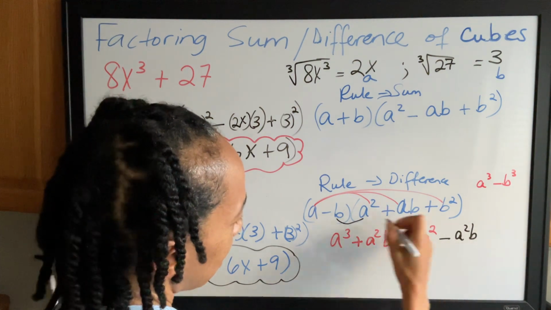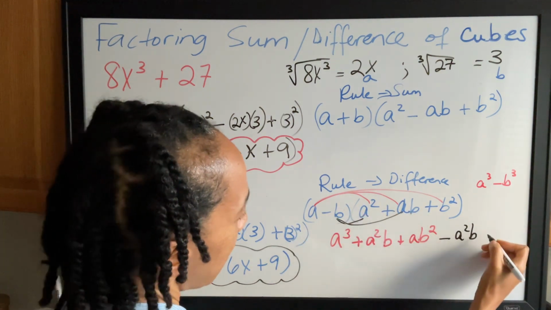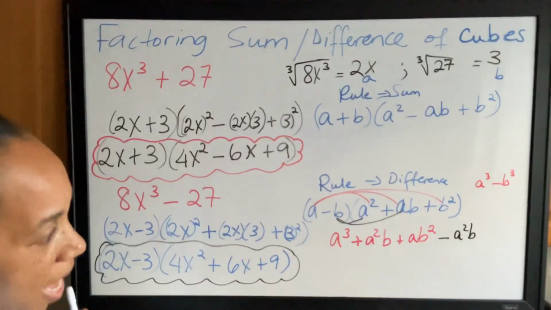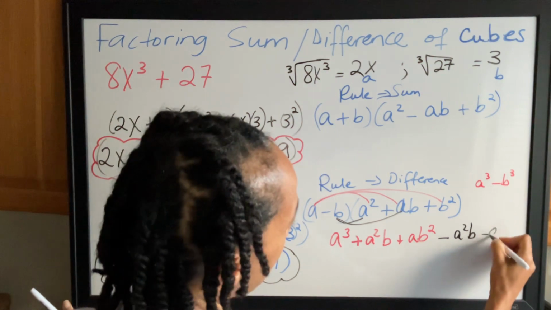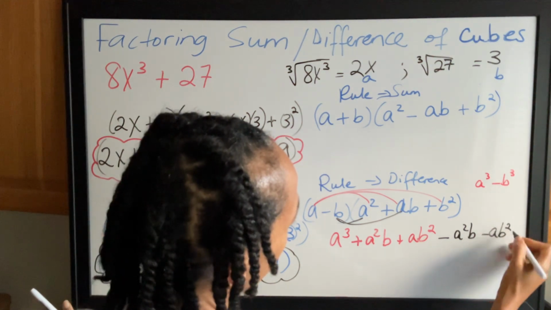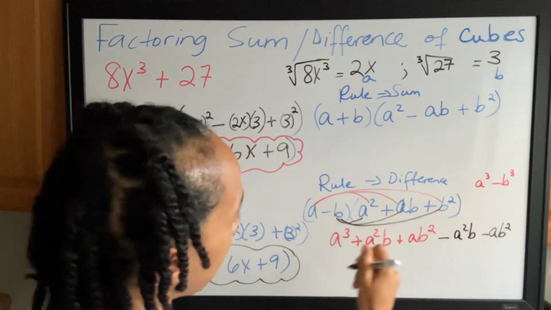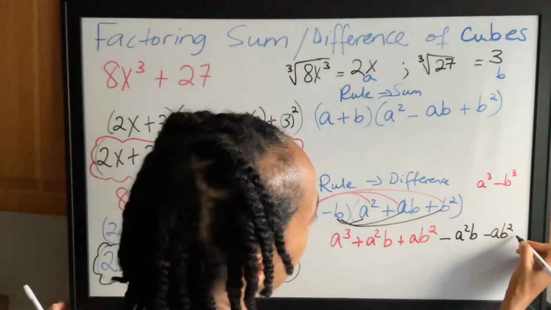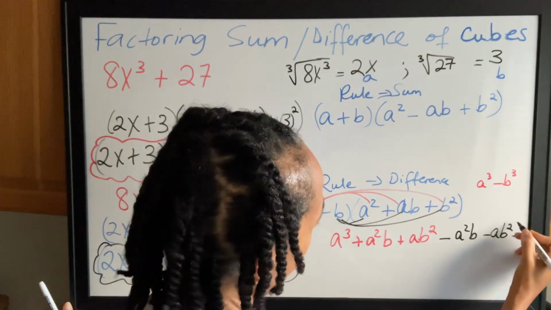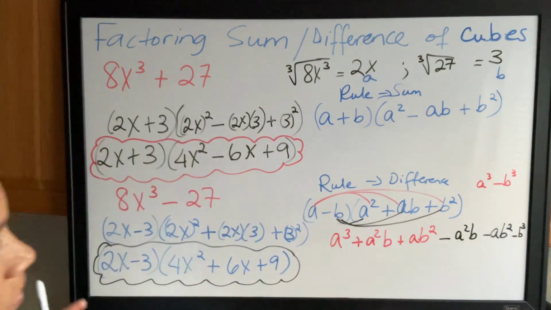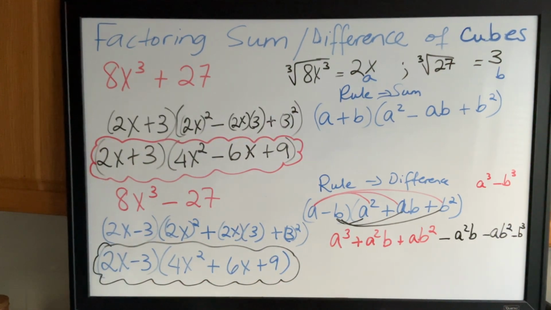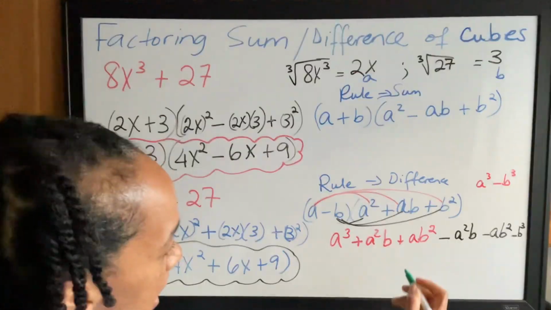And then this is going to be multiplying negative b times ab. You're going to get negative ab squared, and multiplying negative times this, you're going to get negative b to the third power. Okay, negative b to the third power. Now let's combine all our like terms here.